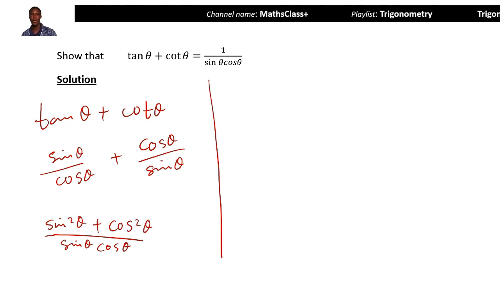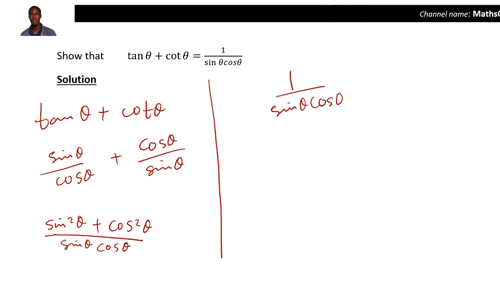So from the Pythagorean identity, sine squared theta plus cos squared theta is equal to 1. So I have 1 over sine theta cosine theta.